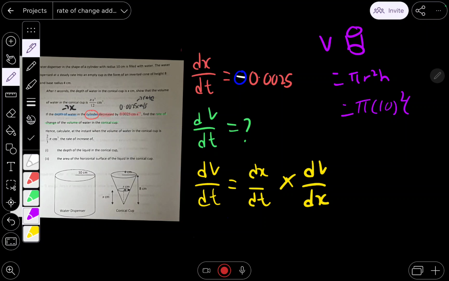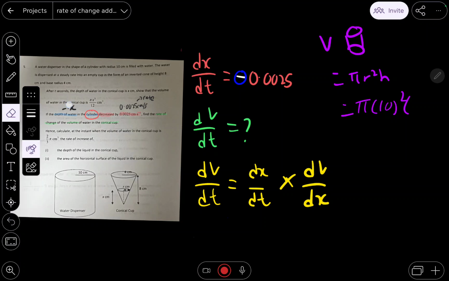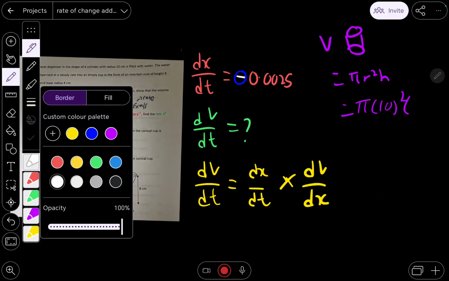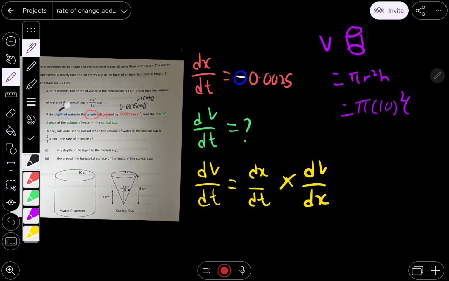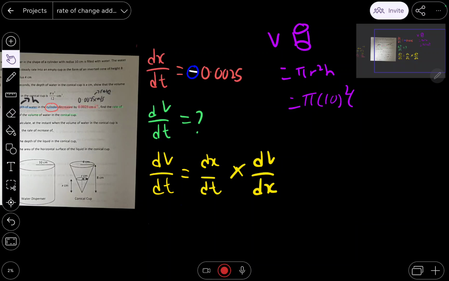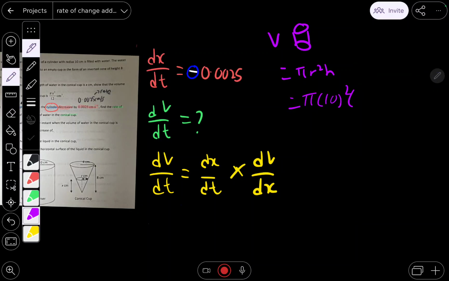My fault. We shouldn't say the depth of water is x because I forgot about cylinder. Let's change up, everybody. Depth of water will be h. So this will be 100 pi h.